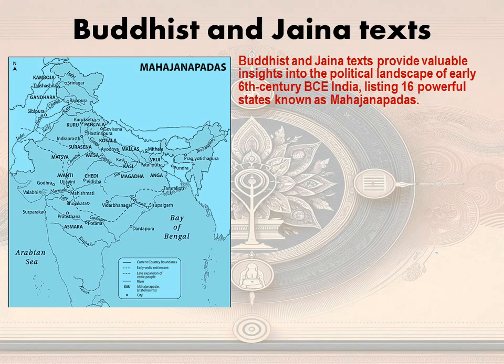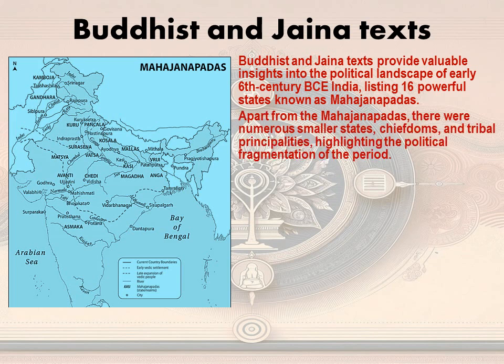So all these texts give a list of the 16 most powerful states which are called Mahajanapadas. Apart from the Mahajanapadas, there were numerous smaller states, chiefdoms and tribal principalities, highlighting the political fragmentation of the period.